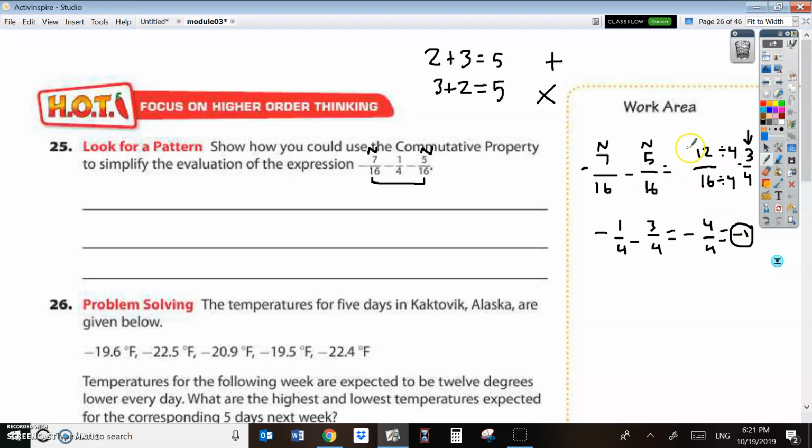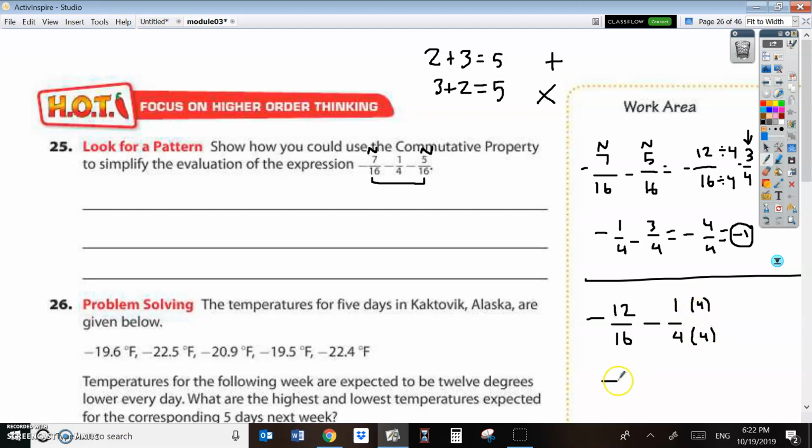Another way is add these two and keep it negative. So you have negative 12 over 16, just like we had right here. And now let's convert this negative 1/4. Change the denominator by multiplying by 4.